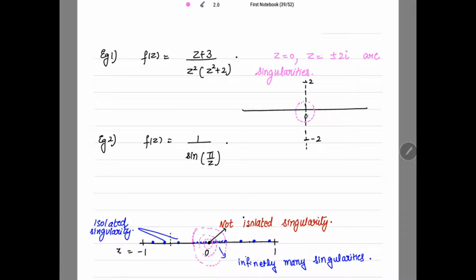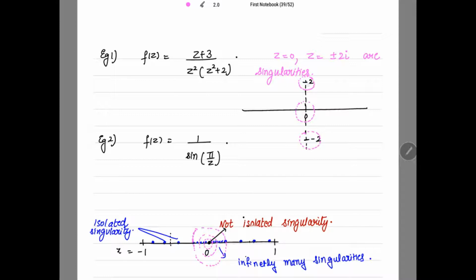Yes. So 0 is your isolated singularity. Now if I make the neighborhood of 2, do the other two singularities come inside this neighborhood? No. If I make the neighborhood of minus 2, do the other two singularities exist in this neighborhood?